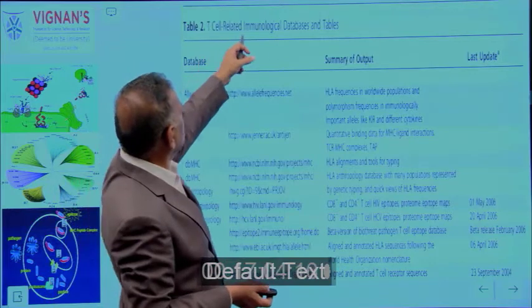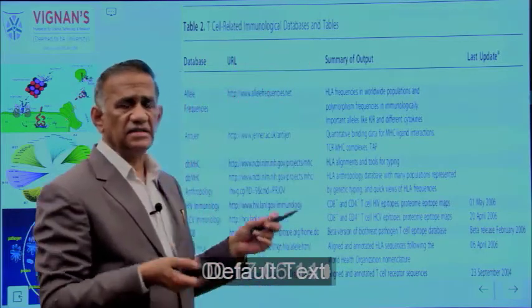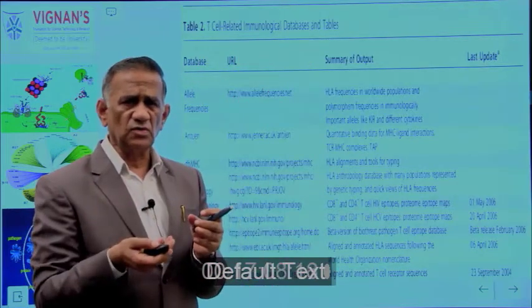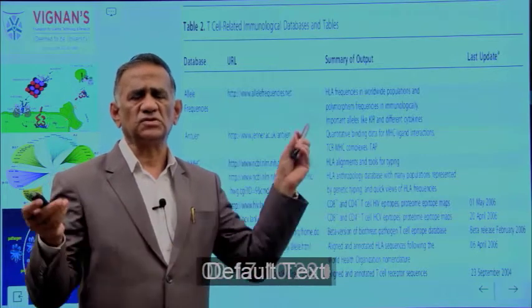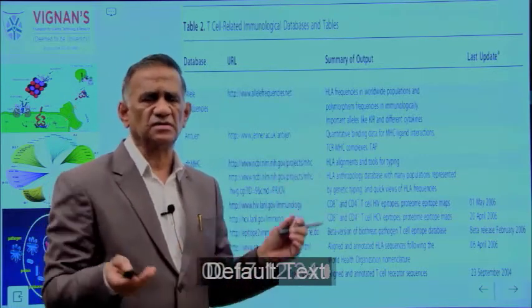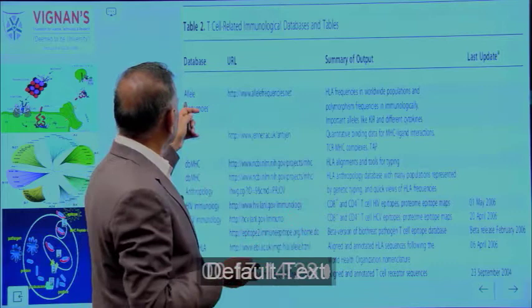Now T-cell related immunological databases, and again that's what I told you, this type of information is enormous, like genomics, immunomics. Okay, so let us see.